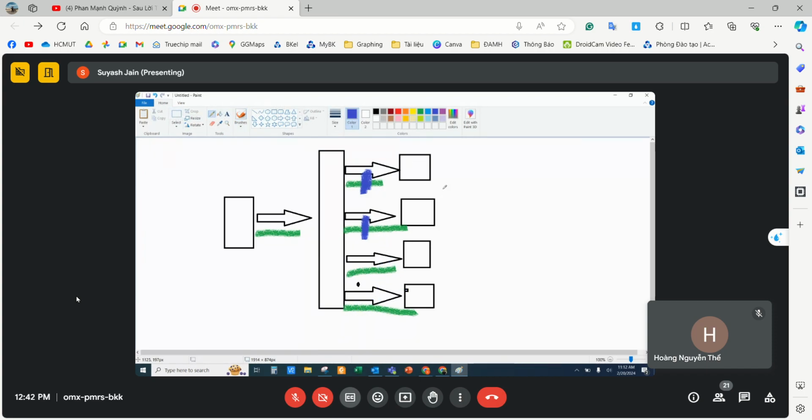Slaves 1, 2, 3, 4, and this is your master, suppose the CPU. Please listen to this scenario carefully. These types of scenarios usually come in interviews, and usually come when you are verifying the SoC. My friends from Vietnam, you are listening, right?